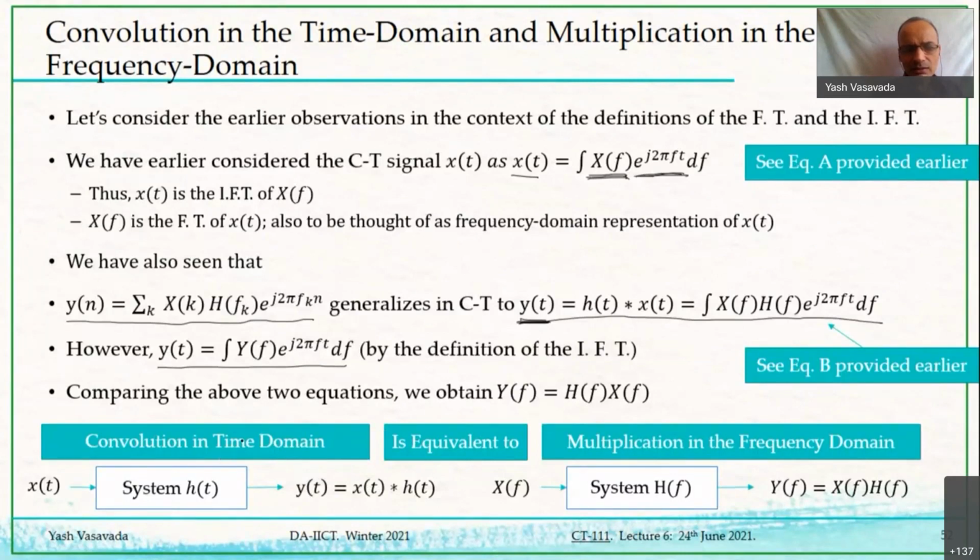It turns out that although you are doing convolution, like you are cooking something in your kitchen, if you change the viewpoint, you go from time domain to frequency domain, then the convolution becomes something simpler, something that we all understand.